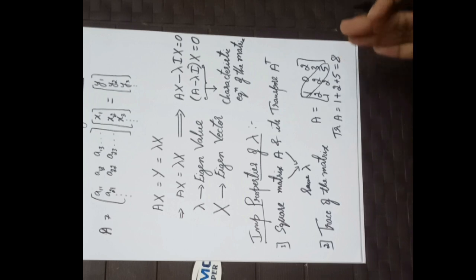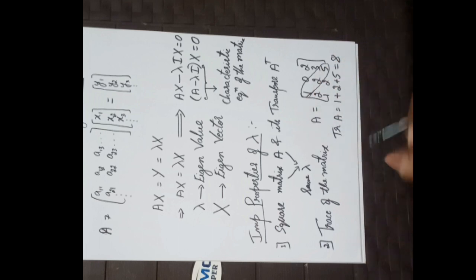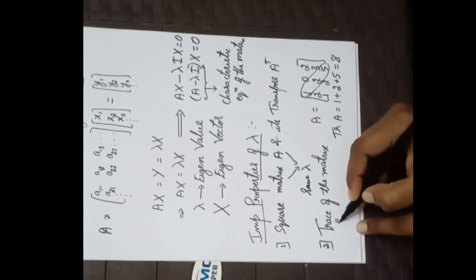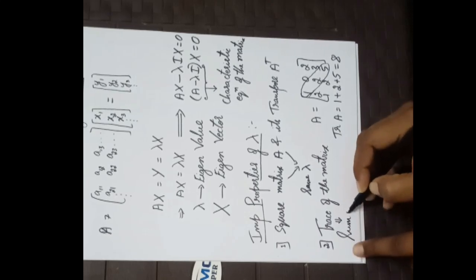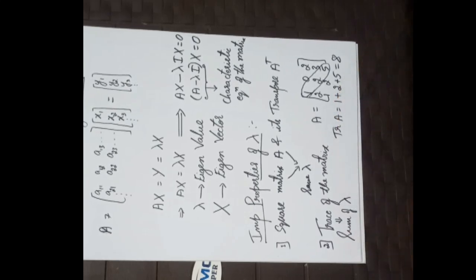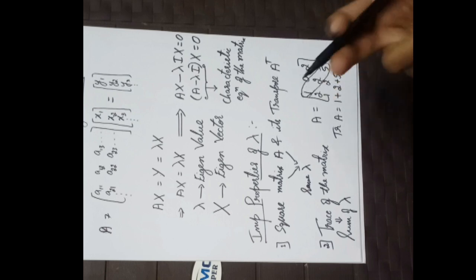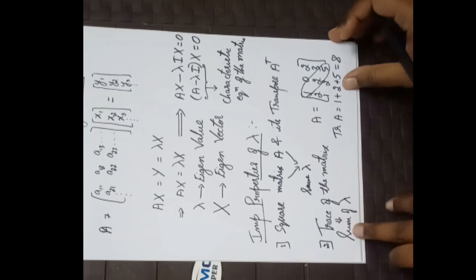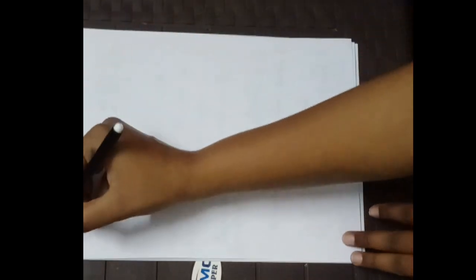We came to know about the trace of a matrix. So what is the connection between lambda and the trace? The sum of all the lambdas, since for one matrix there may be 2 or 3 eigenvalues depending on the matrix, is equal to the trace of the matrix. This is one of the helpful properties that we use to solve many problems.